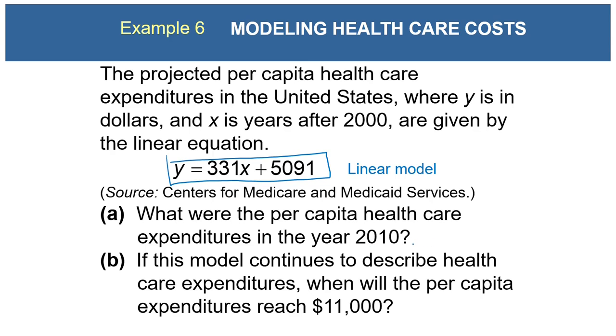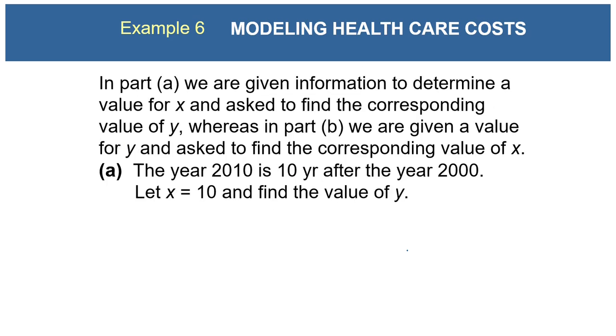Part B. If this model continues to describe healthcare expenditures, when will the per capita expenditures reach $11,000? In Part A, we are given information to determine a value of X and asked to find the corresponding value of Y. Whereas in Part B, we are given a value for Y and asked to find the corresponding value of X.